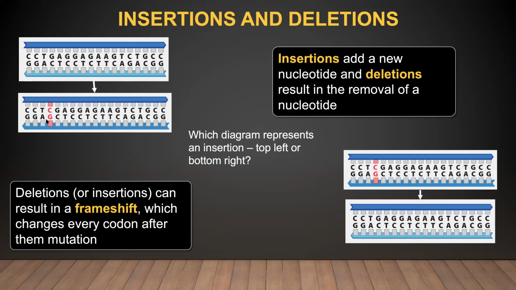Can anyone tell what happened with this red one? It looks like we have an insertion there, right? So this wasn't originally here. This is an additional nucleotide that got added. And so when we do that, we have a change down here.